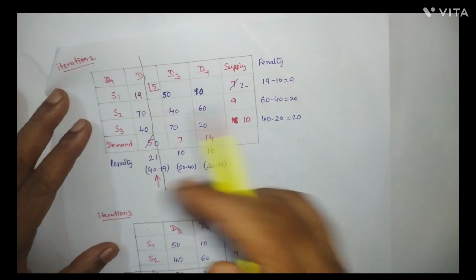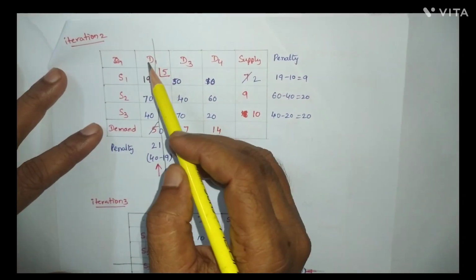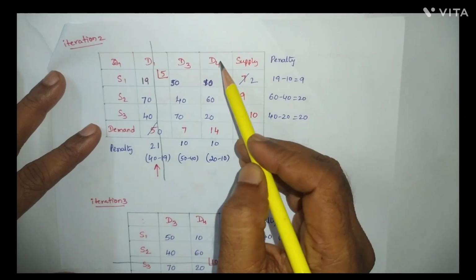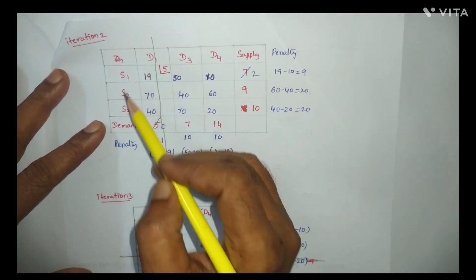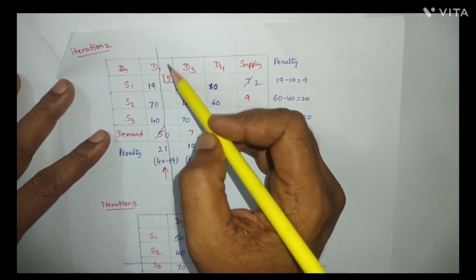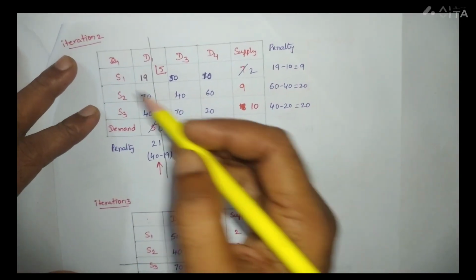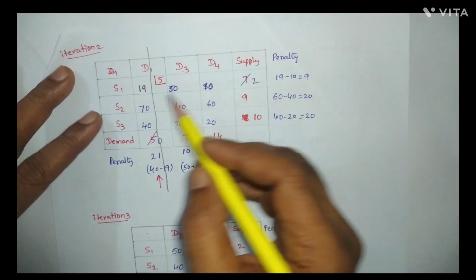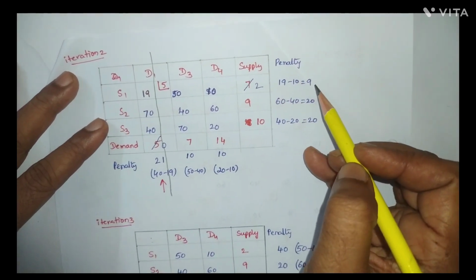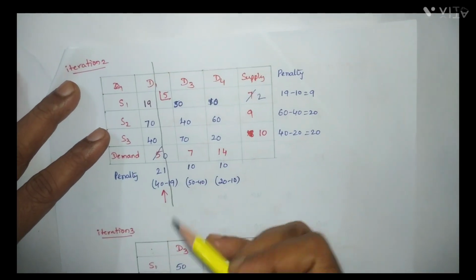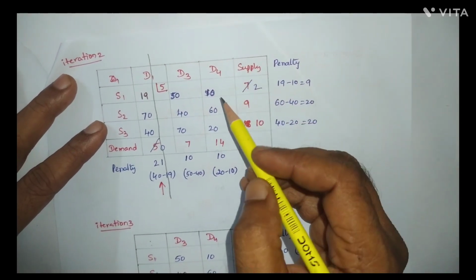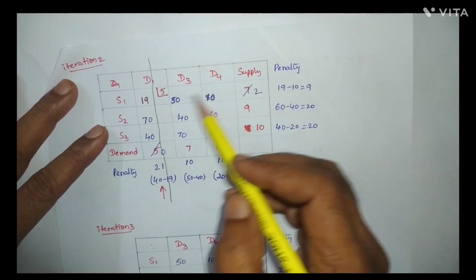Iteration 2: D1, D3, D4, S1, S2, S3. D2 is deleted because it is satisfied. Here also we calculate penalty values row wise and column wise. First row, the first minimum is 10, the next minimum is 19. 19 minus 10 equals 9.